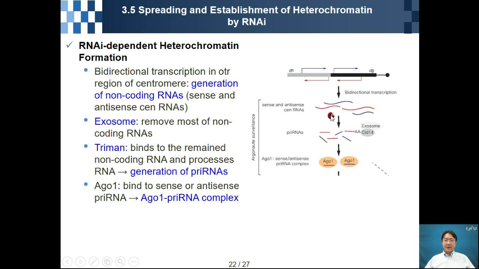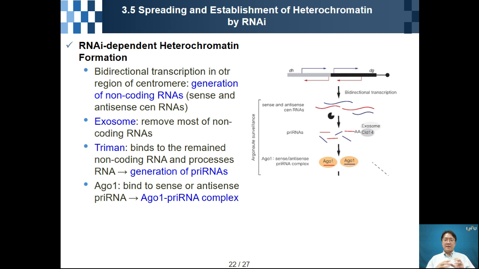After that, the exosome removes most of the non-coding RNAs. But Mmi1 binds to the remaining non-coding RNA. So actually this protein protects it from the exosome.